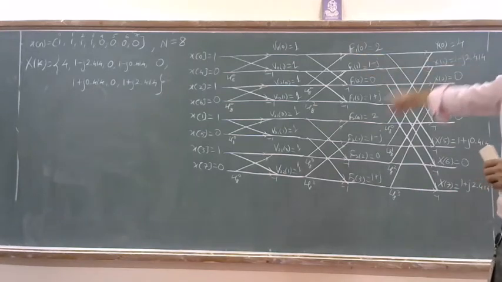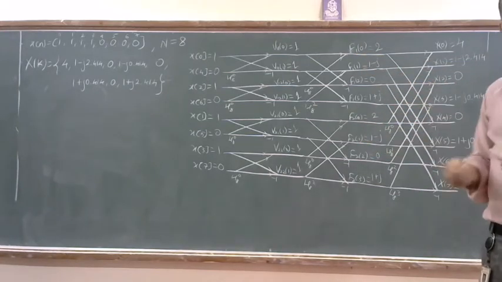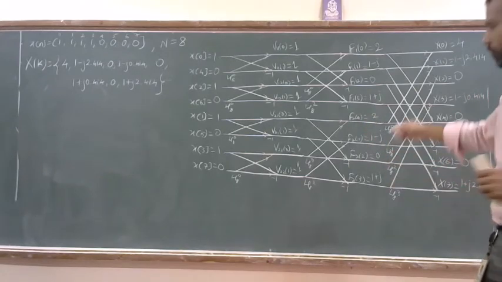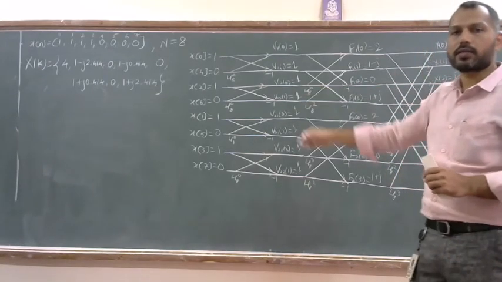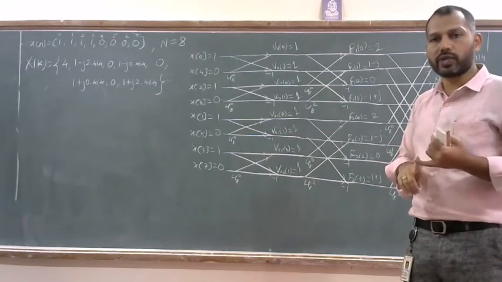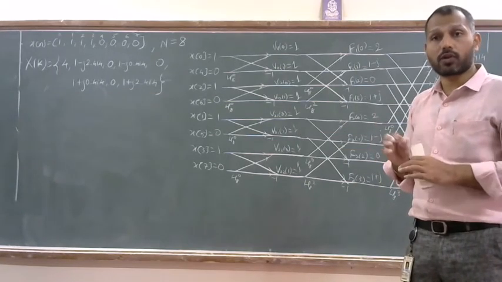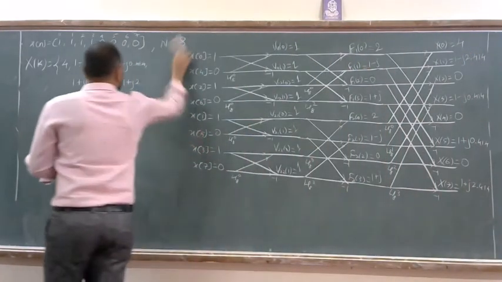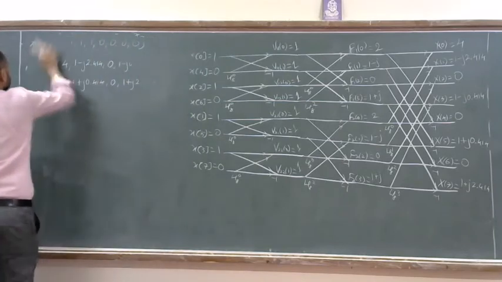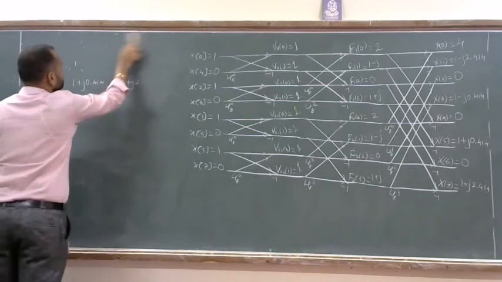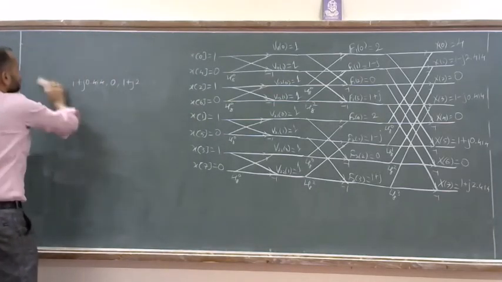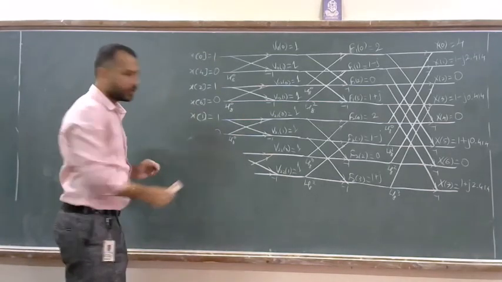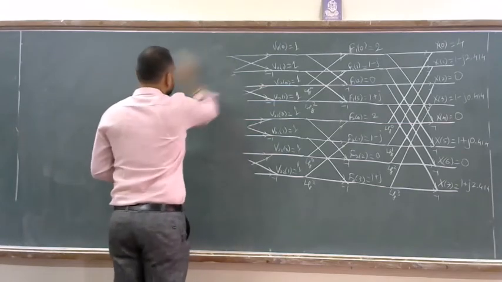We have 2 data points, and how they have to be connected depends on whether it is the top point or the bottom point in the butterfly, and likewise in the subsequent steps. So if you follow those 2 equations for the DIT FFT algorithm, you will be fine. These will be asked for not less than 10 marks in the weekly examinations.